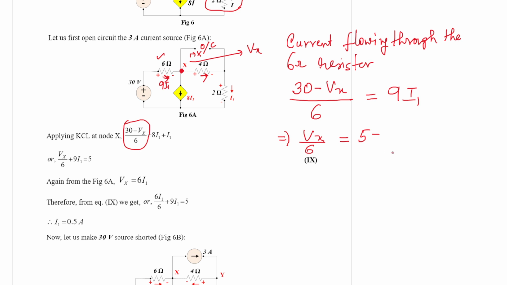So Vx by 6 plus 9I1 is equal to 5. That is equation 9 for you.